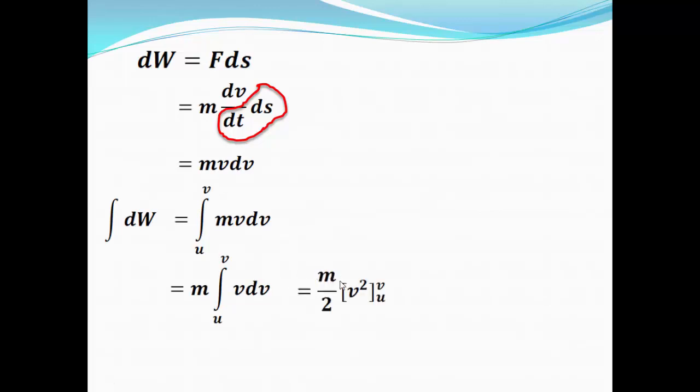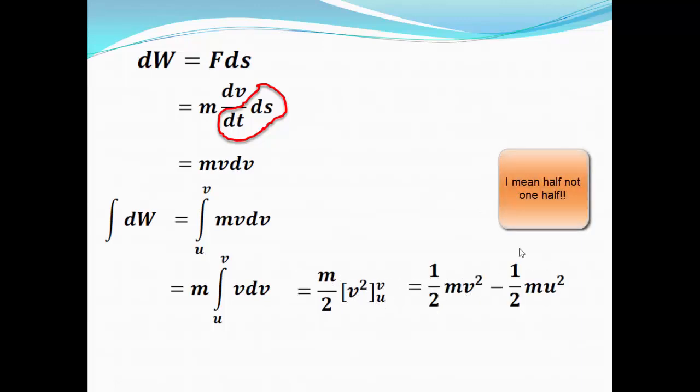Integrating this, we get the total work done. We shall integrate from initial velocity to final velocity. m is a constant, so we integrate v dv. The integral of v dv is v squared by 2. Applying the limits from u to v, we get 1/2 m v squared minus 1/2 m u squared, 1/2 m v squared being the expression for kinetic energy.